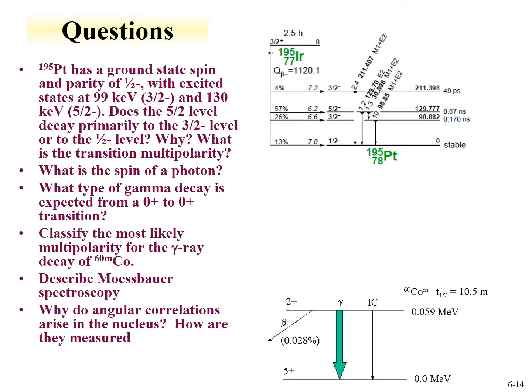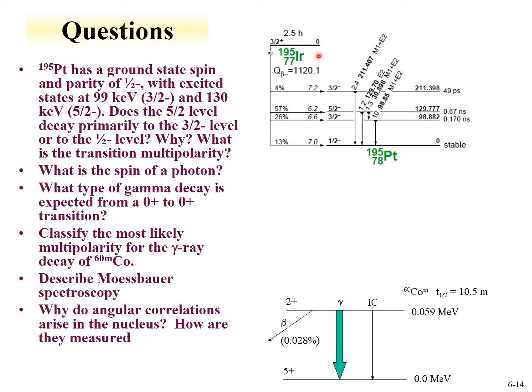Some questions that you'd be expected to answer about gamma decay are posed here. For instance, if one looks at platinum 195, the ground state has a spin of 1/2 with negative parity, and there's two excited states that we'll show here, one at 3/2 minus at around 99 keV above the ground state, and another excited state about 130 keV above the ground state of 5/2 minus.